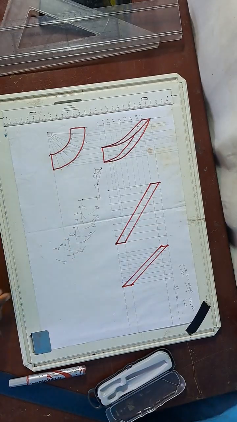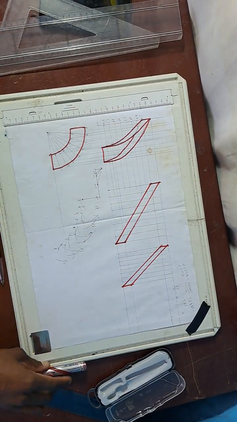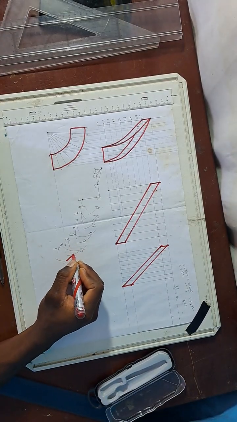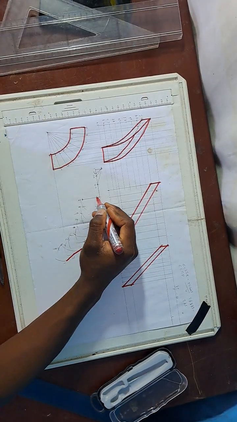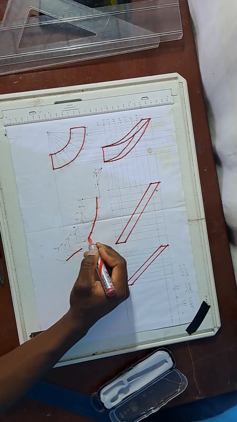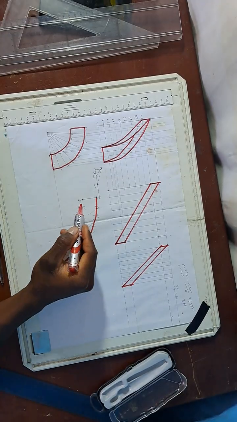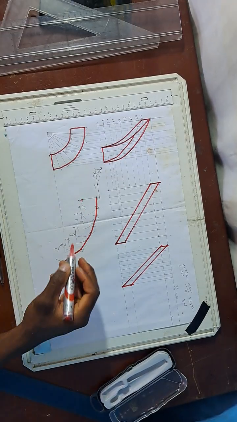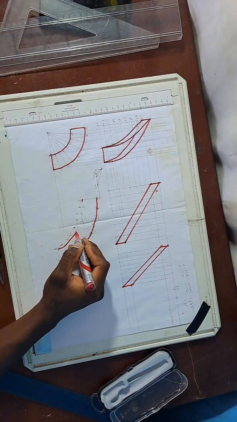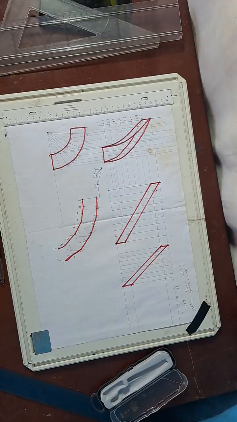So here's done. Now you just need to combine the dots. So it's gonna go like this. Remember to combine these dots, you need to use the flexi curve or the flexi ruler to make your work as neat as possible.